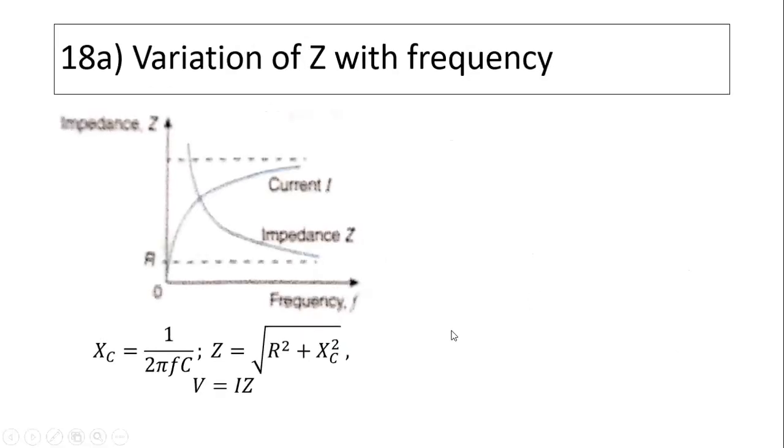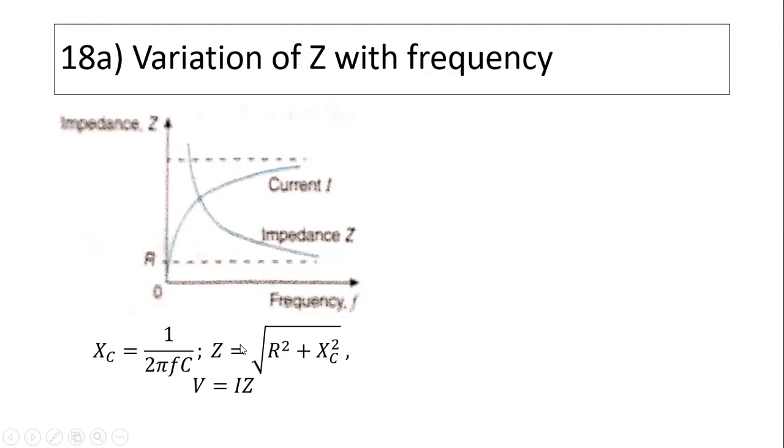Okay, remember that formula? The formula for Z, impedance, and then V equals IR. So R is constant. Right?